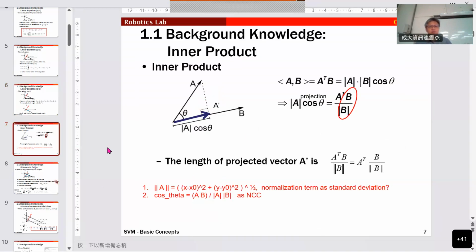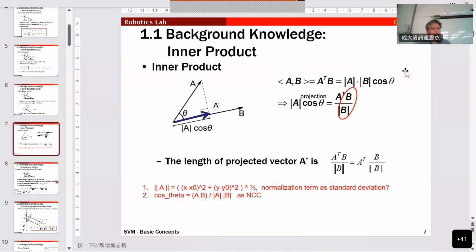Okay, let's continue. Now I want to teach you about the inner product, which you have learned. What is the meaning of the inner product? If we have two vectors, vector A and vector B, A inner product B equals this equation.